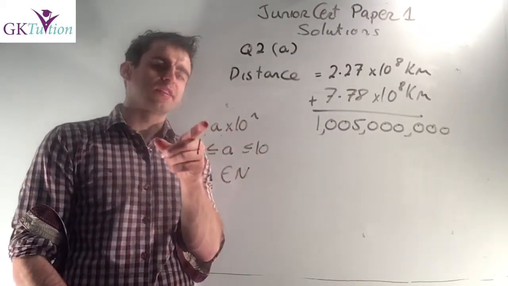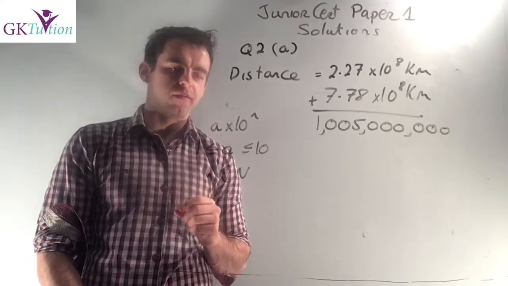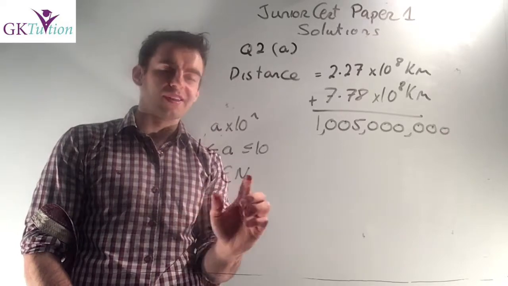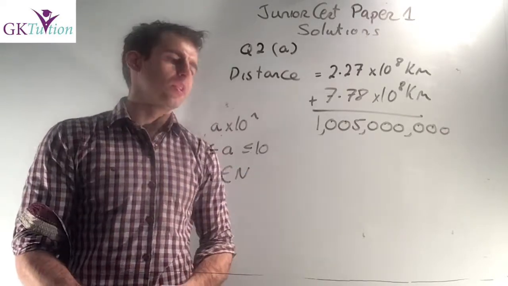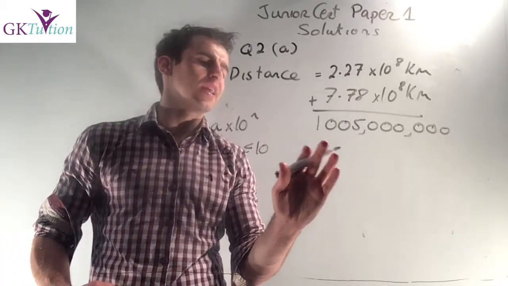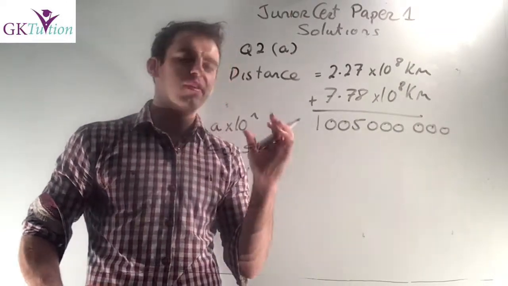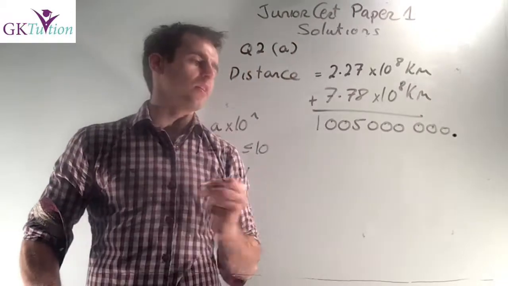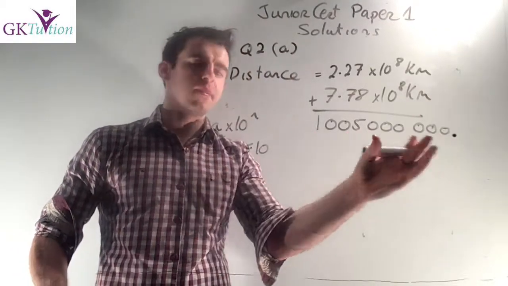But I need to write this in the form of a by 10 to the power of n, where a is between 1 and 10, and n, the power, is a natural number. So in this case, this is all about the decimals. So you need to consider, where is the decimal place at the moment? At the moment, the decimal place is here. That's 1005 million.